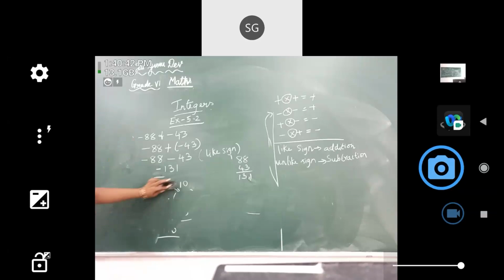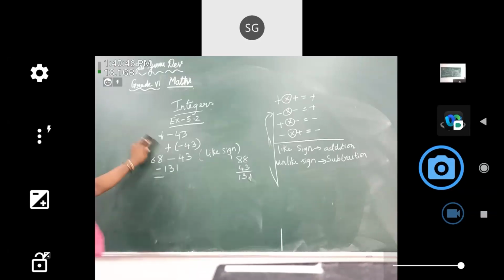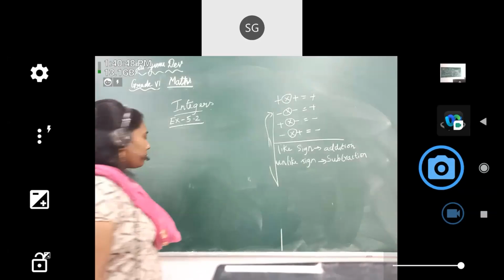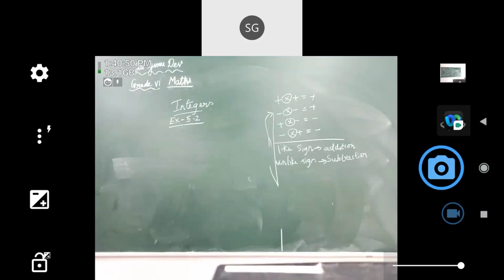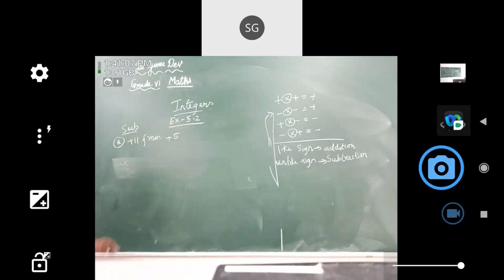Now let me go on to subtraction. Subtraction is also the same thing, but see the first problem. Subtract the following integers. Subtract plus 11 from plus 5. So you have to write it in the mathematical way. How will I write it?